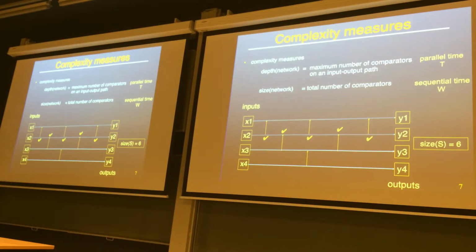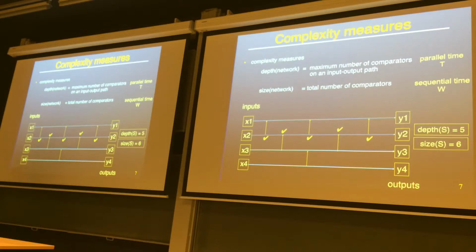And there is no path that has more comparators. It is simply counting the comparators that are touching the path. So the depth of this circuit is 5.